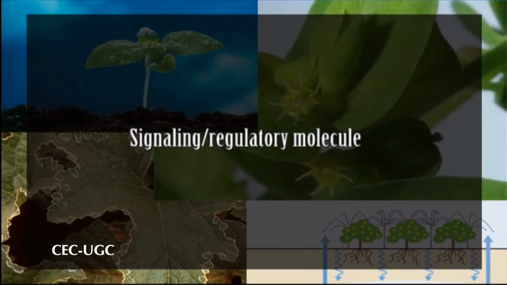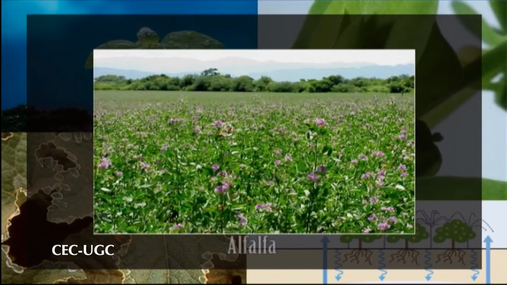Even at supraoptimal levels, proline does not suppress enzyme activity. Proline may act as a signaling or regulatory molecule able to activate multiple responses that are components of the adaptation process. Salt-tolerant alfalfa plants rapidly double their proline content in roots, whereas in salt-sensitive plants the increase was slow.